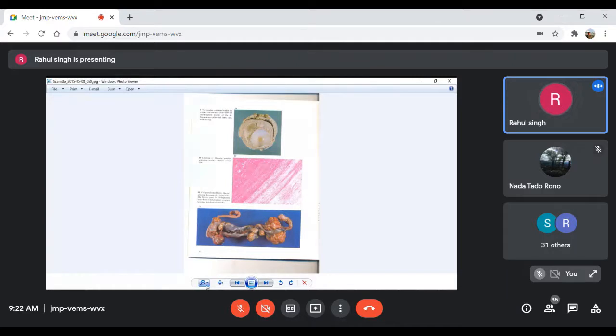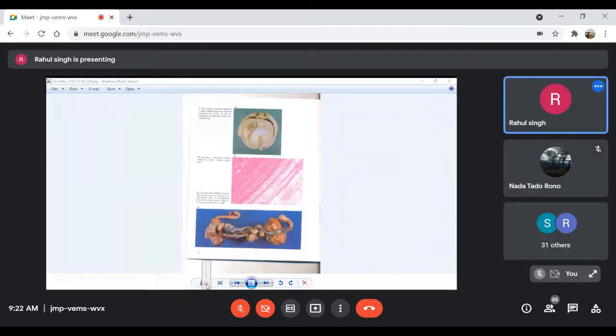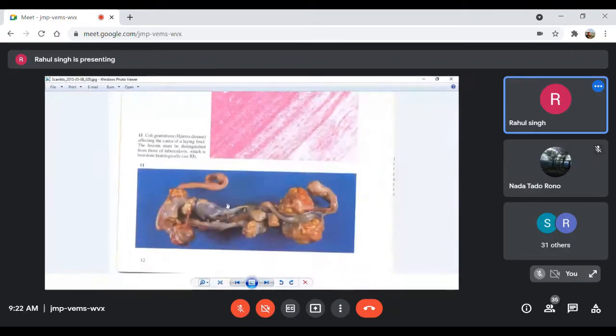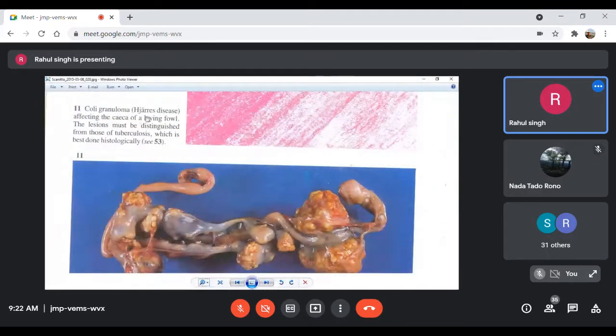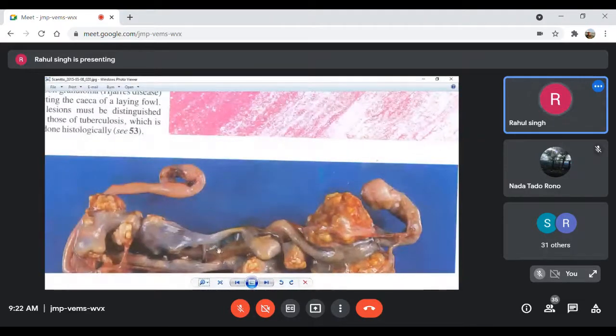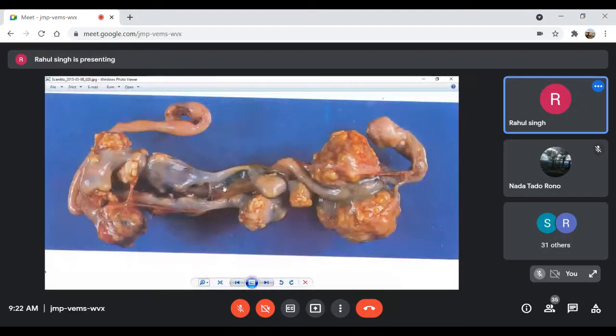Now, this is another picture of Gyer's disease. Polygranuloma. These are the intestines that have been removed out. You can see the intestine here.